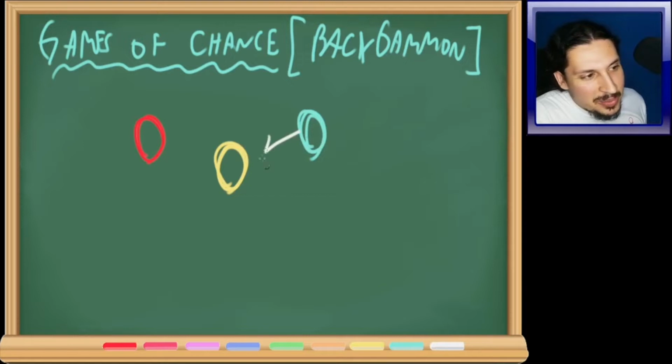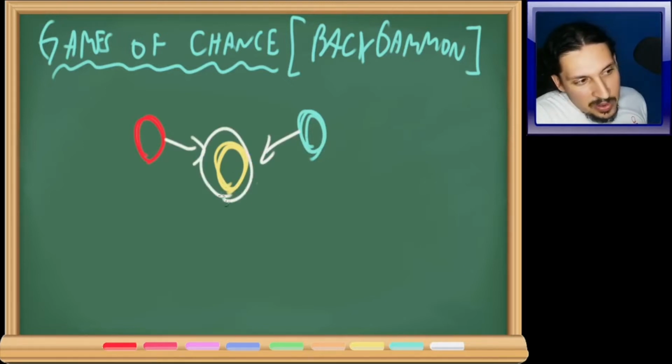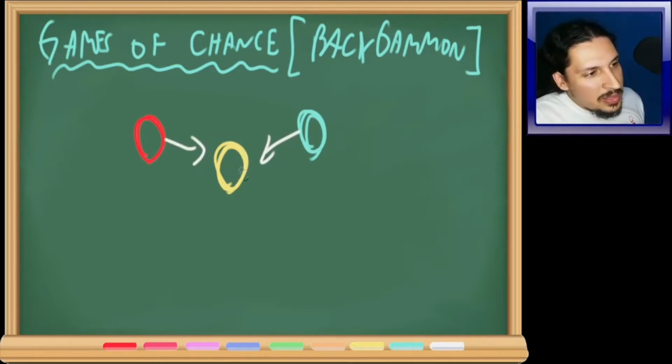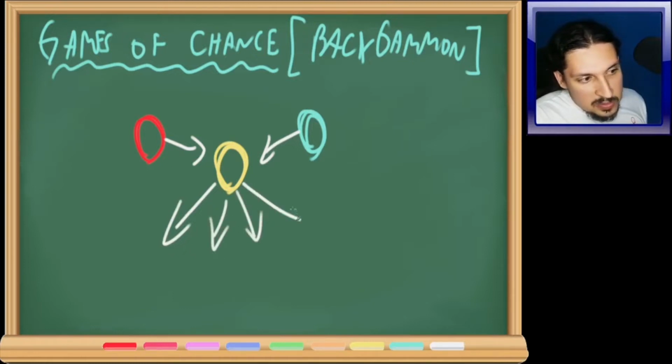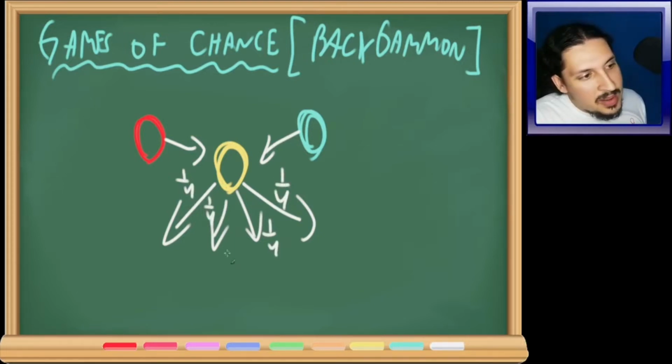They are dice nodes. When you get to one of these chance nodes, actually the one who plays it is the dice. So these chance nodes will have outputs just like any other node, but the outputs will be labeled by a probability distribution. So maybe these are all 1/4. So this is like a 4-sided die.